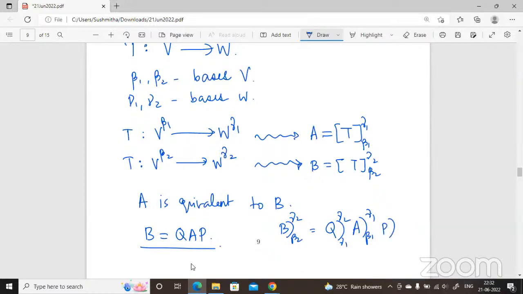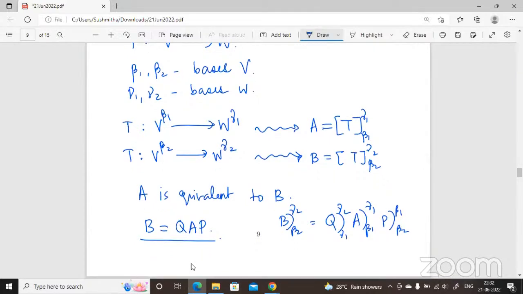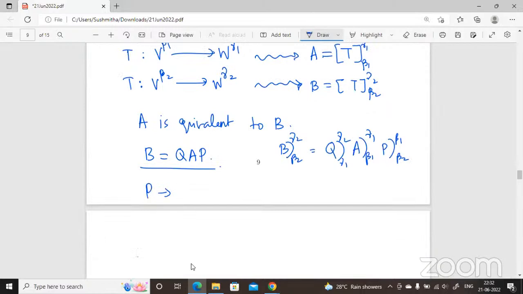P: if this is beta 1, this has to be beta 1, so this will be beta 2. So to get P, you write beta 2 in terms of beta 1. To get Q, you write gamma 1 in terms of gamma 2.